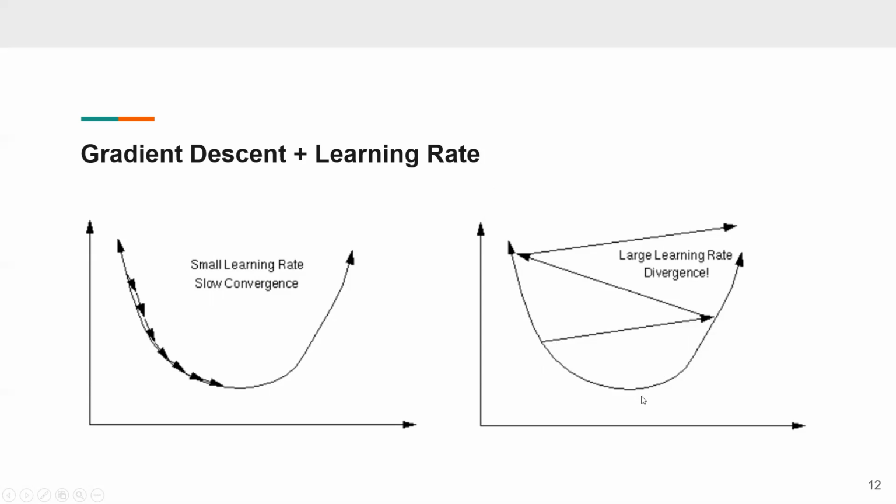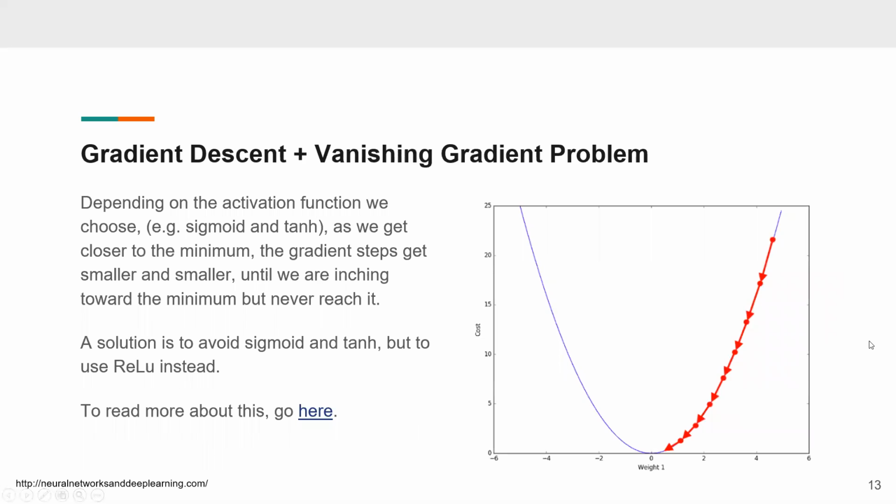As a trade-off, there is the vanishing gradient idea. Depending on the activation function we choose, for example sigmoid or tanh, as we get closer to the minimum, the gradient step gets smaller and smaller until we are inching towards the minimum but never reach it.